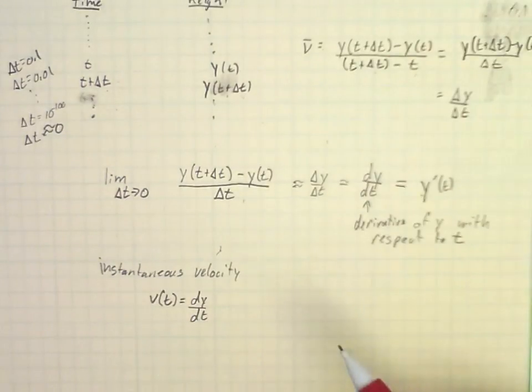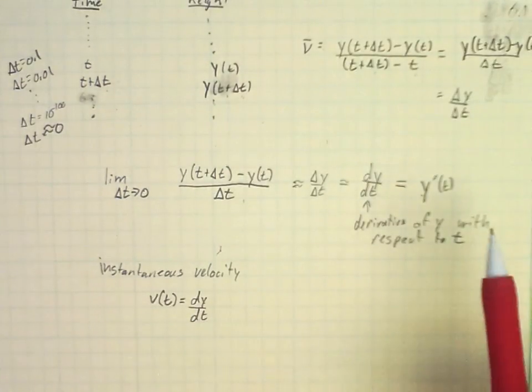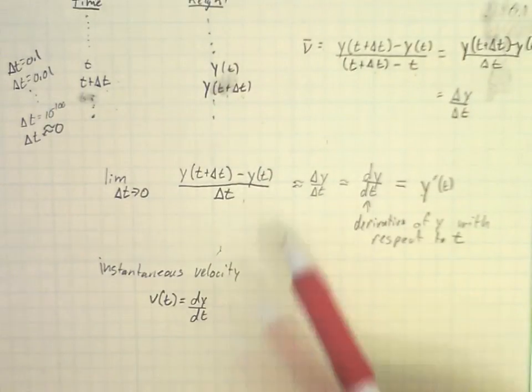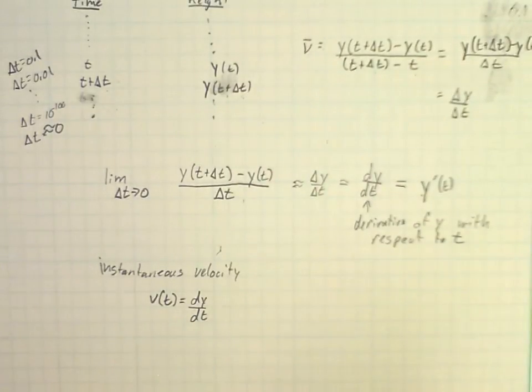Because if we pick a small enough time to where we can't see the difference in time, then that change in velocity we get there is the derivative. So how do we use that?